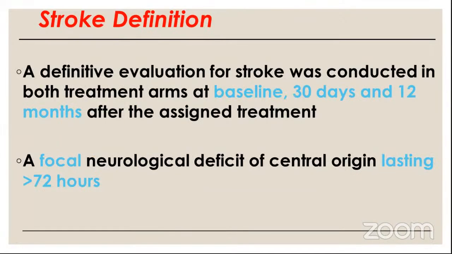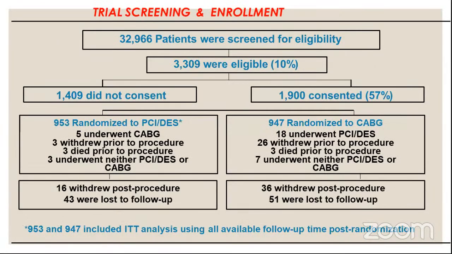myocardial infarction. Also in this trial, the stroke was defined as a focal neurological deficit of central origin lasting more than 72 hours. So basically, in this study, around 33,000 patients were screened to be involved. Unfortunately, only 10% out of those 33,000 patients were eligible.